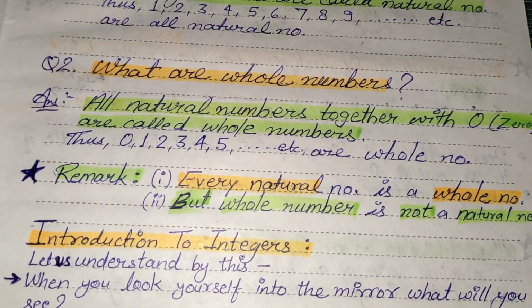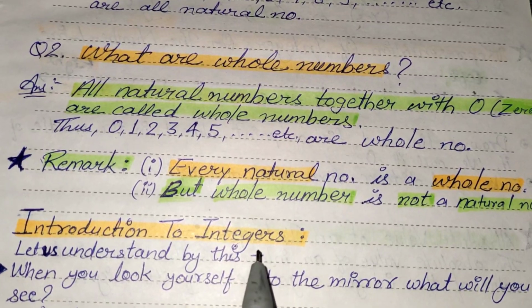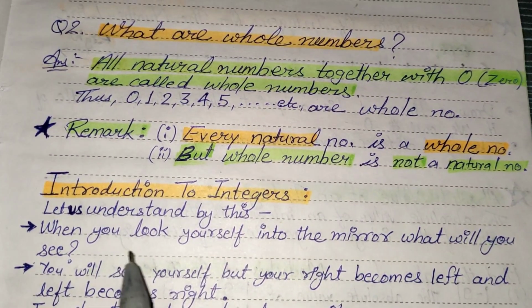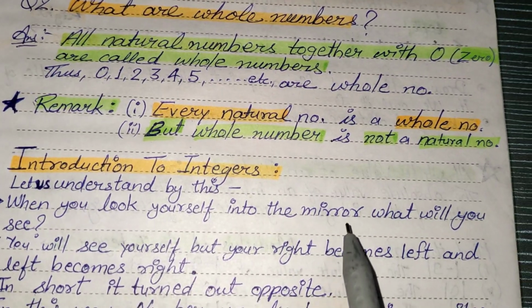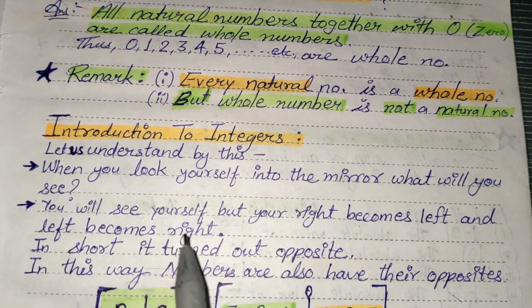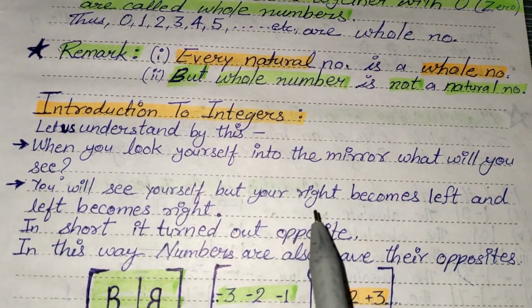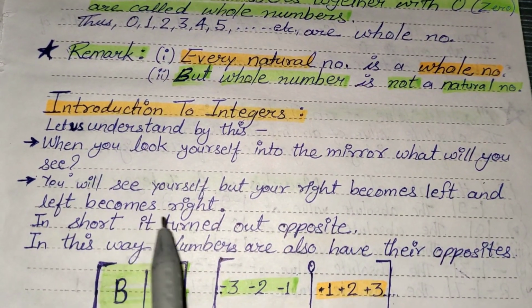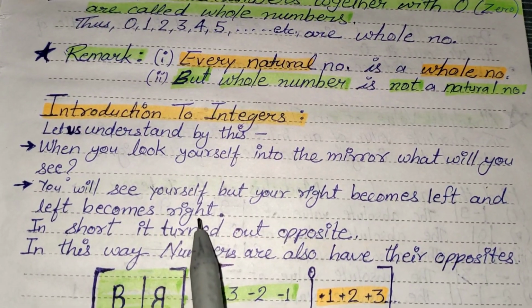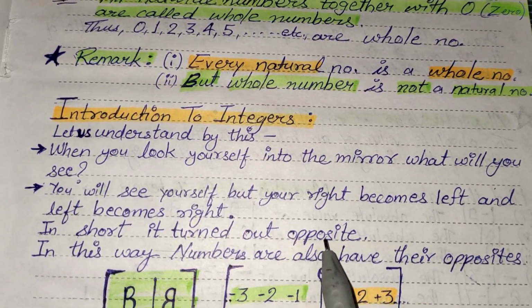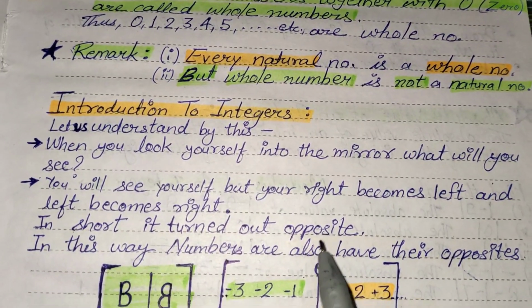Now, introduction to integers. Let us understand with this. When you look at yourself in the mirror, what do you see? You see yourself, but your right becomes left and left becomes right. In short, it turns out opposite.